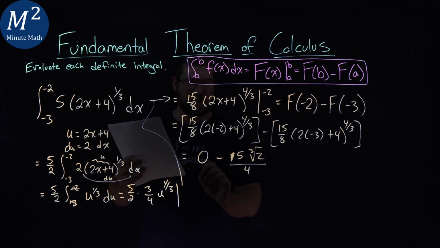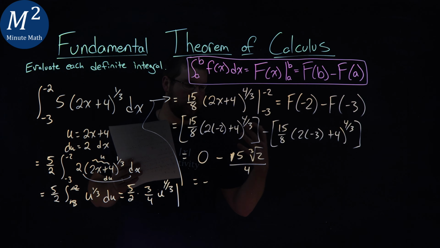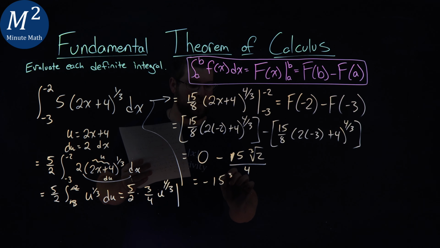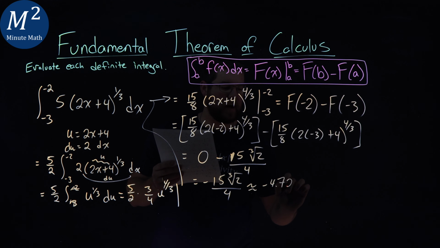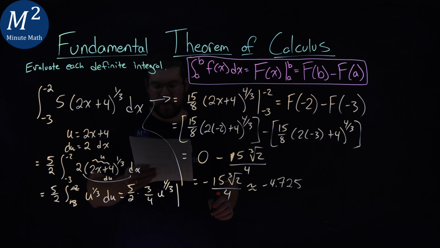So 0 minus that is just -15 cube root of 2 over 4, which is approximately the -4.725 I have here. Got ahead of myself. So however you want to write it, you'll have it there.